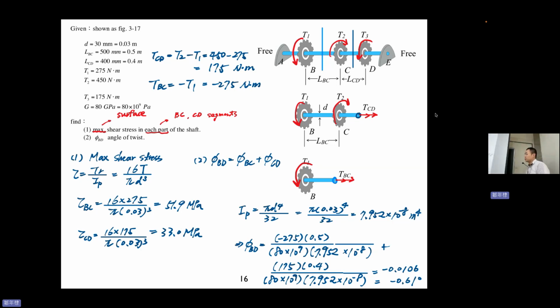This is very similar to chapter 2. One is degree and one is radian. Sorry, minus 0.71 degree. Is that okay?